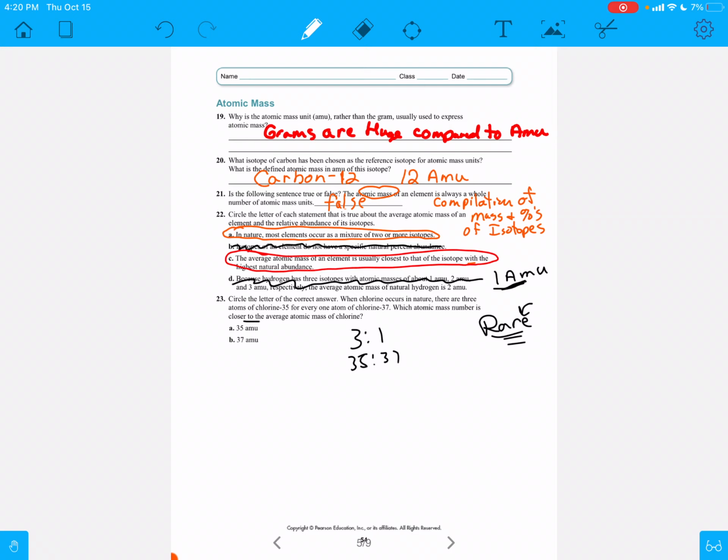Obviously the 35 is, because there are 3 times more of them. Because it's 3 times more abundant, the actual atomic mass is going to be a lot closer to that 35.